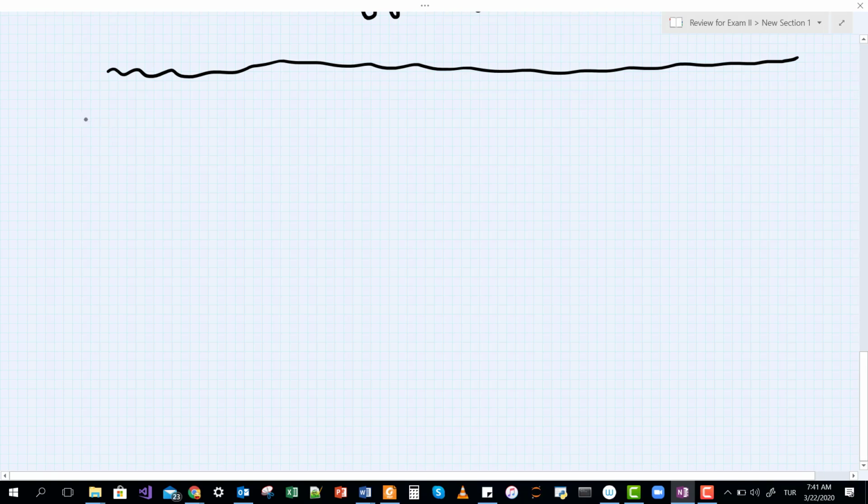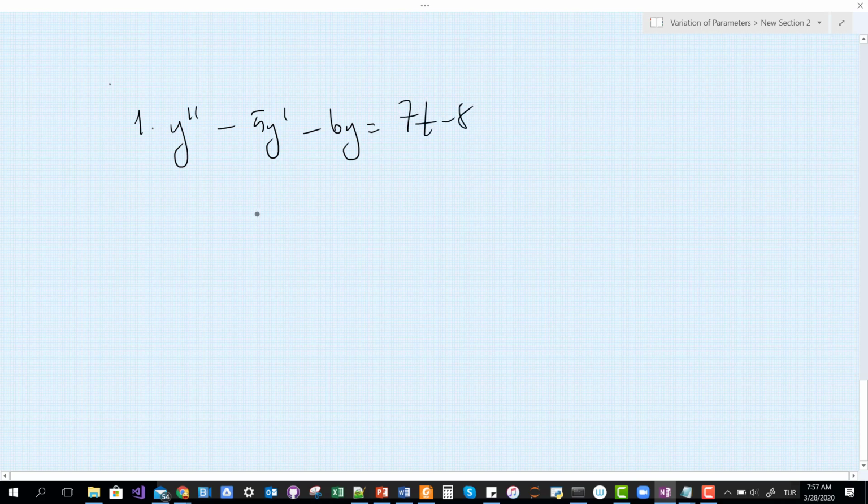Let's see. Okay, the first example. So let's say review examples. First example: y'' - 5y' - 6y = 7t - 8. I need to solve the auxiliary equation, as you know, to start for the particular solution.